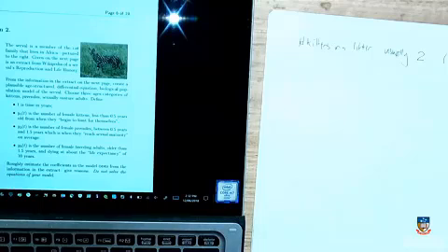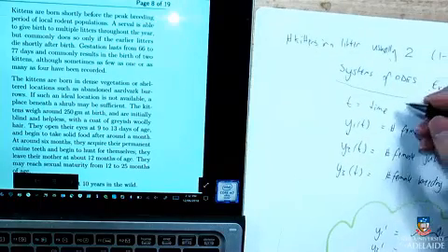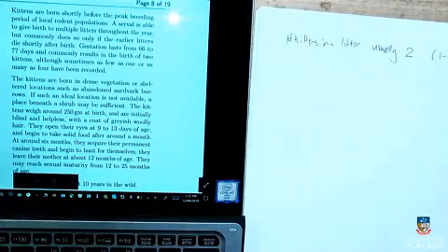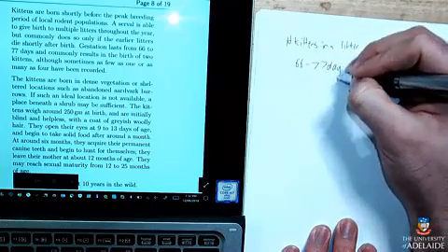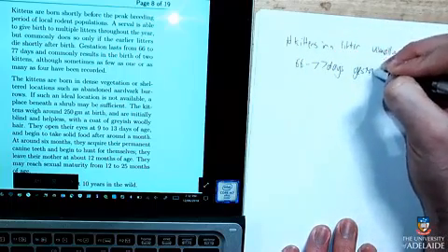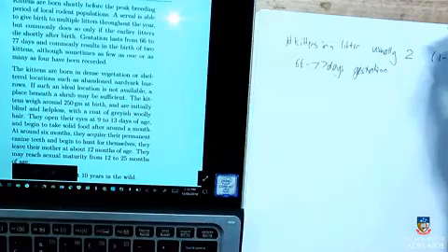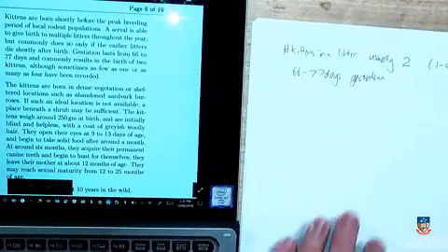Years. Okay, I'm just not sure about this one, 66 to 77 days. And the kittens are sort of all born at the same time of year by the look of it. I don't know if that matters.